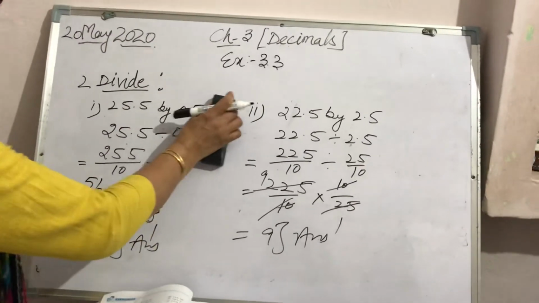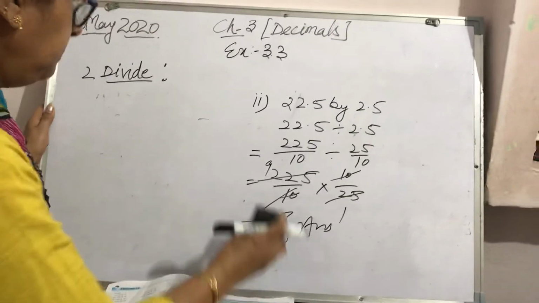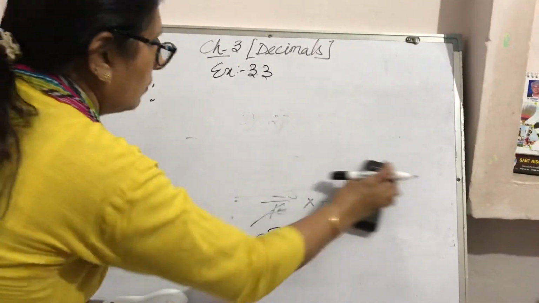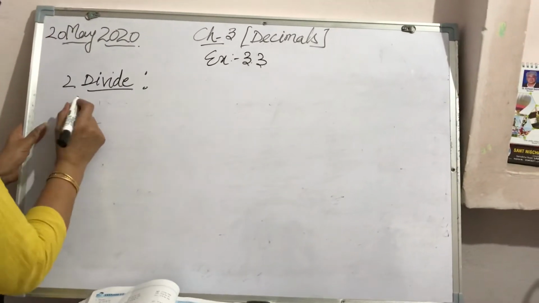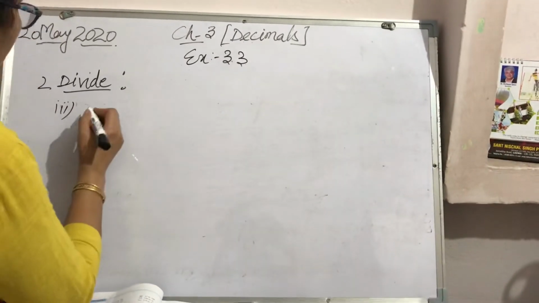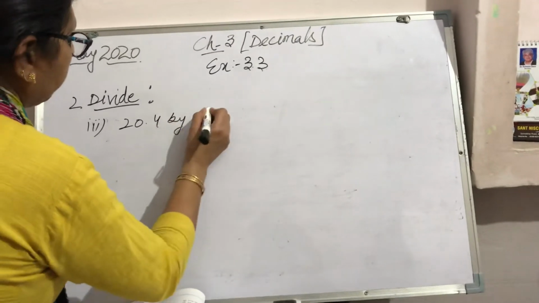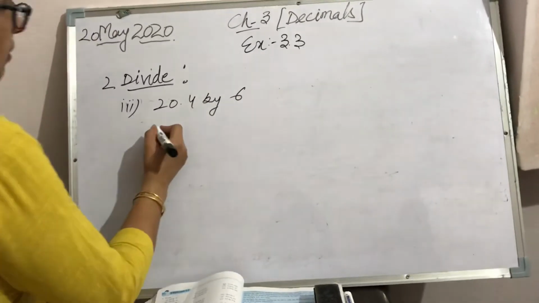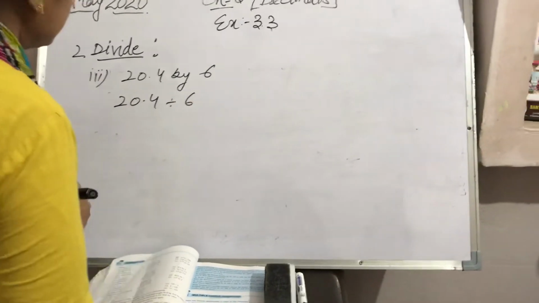Next, the third part of the same question. The third part is 20.4 divided by 6.